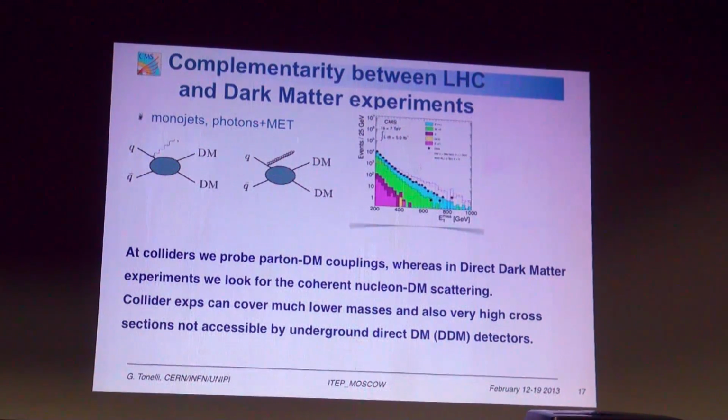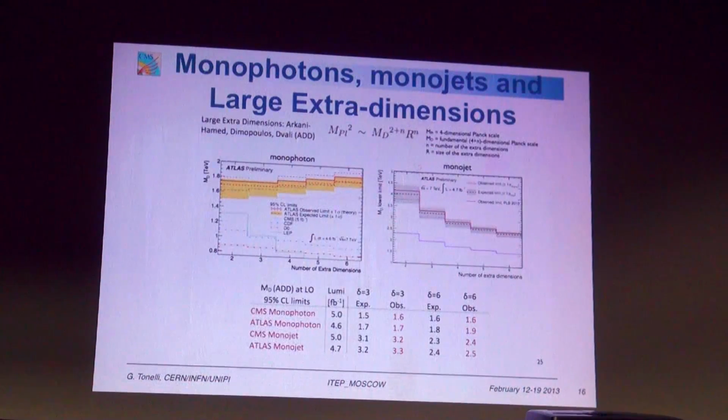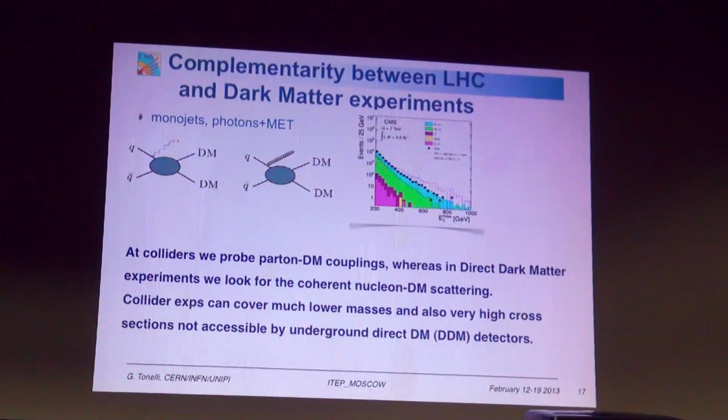You can look for something very heavy, or for something that could be a generic form of dark matter. In this sense, the collider experiment can cover much lower mass and also very high cross-section with respect to the direct dark matter detectors, like the underground detectors, of which there will be lectures soon.